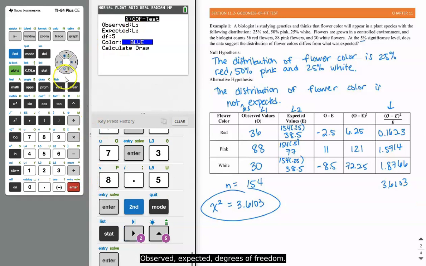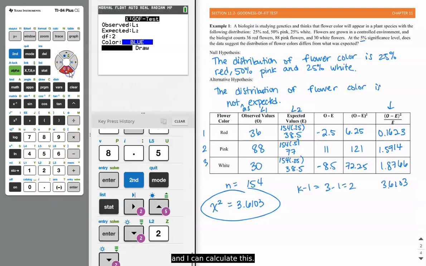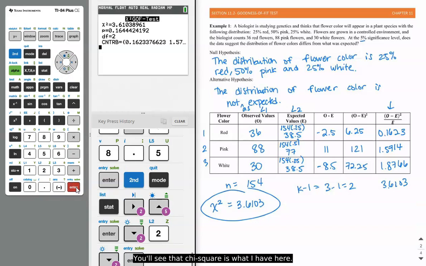Observed, expected, degrees of freedom. So how we calculate the degrees of freedom is k minus 1, where k is the number of categories. So I have 1, 2, 3, right, 3 different colors. So 3 minus 1, I have 2. So my degrees of freedom are 2, and I can calculate this. And so you'll see that chi-square is what I have here.